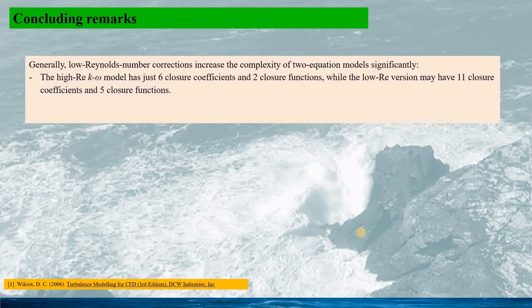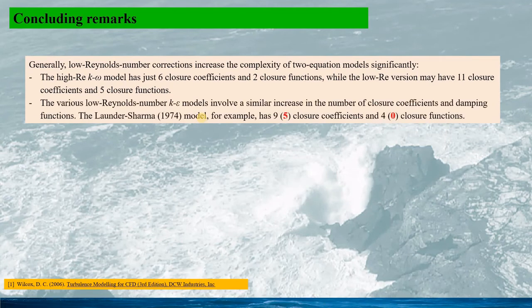Now in this slide, the concluding remarks would be given. Generally, low Reynolds number correction increases the complexity of two equation models significantly. For instance, the high Reynolds K-omega model has just 6 closure coefficients and 2 closure functions, while the low Reynolds number version would have 11 closure coefficients and 5 closure functions.